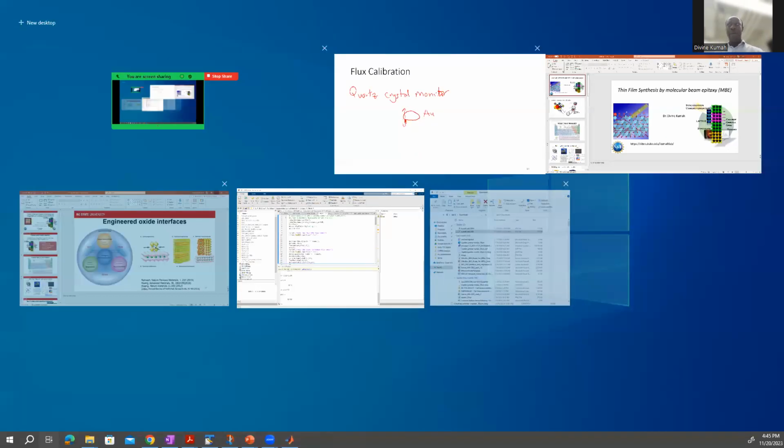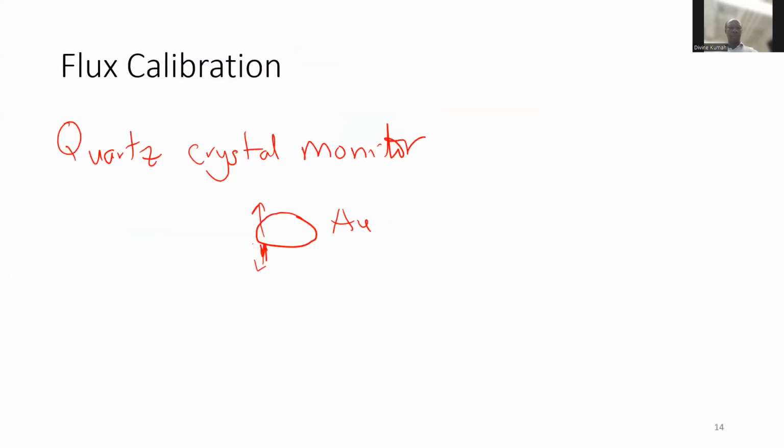As you evaporate a material and form a beam, the atoms start to stick, which makes the gold crystal heavier. Changing the mass causes a shift in its resonant frequency. By measuring this shift, you can very precisely tell how much of that material you are evaporating per unit time.